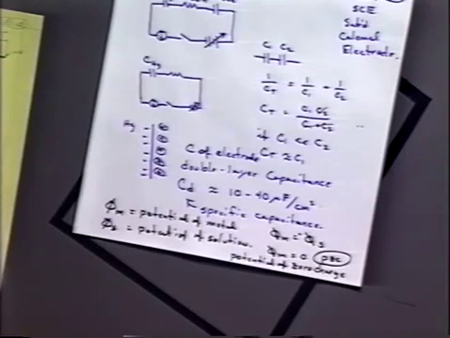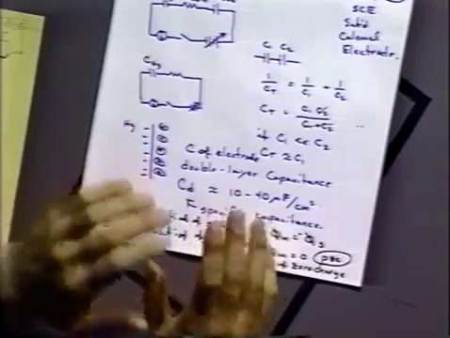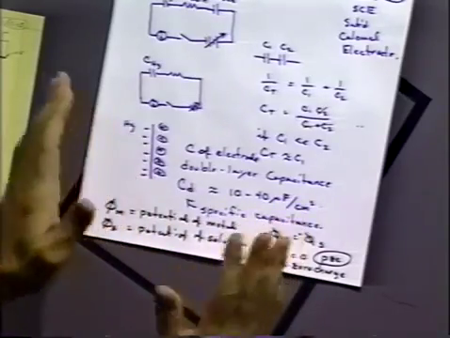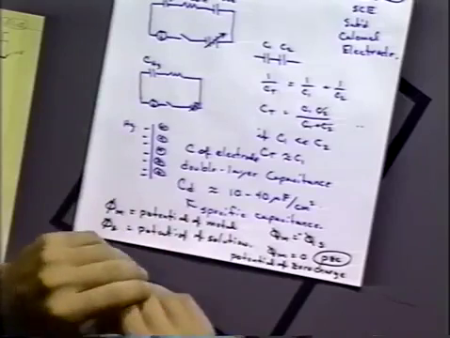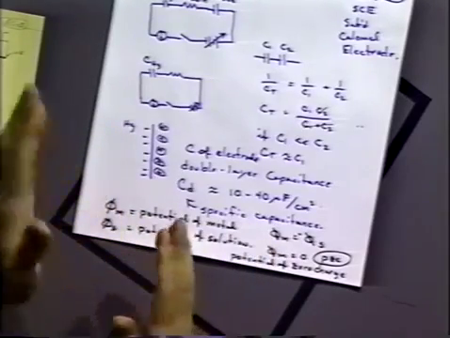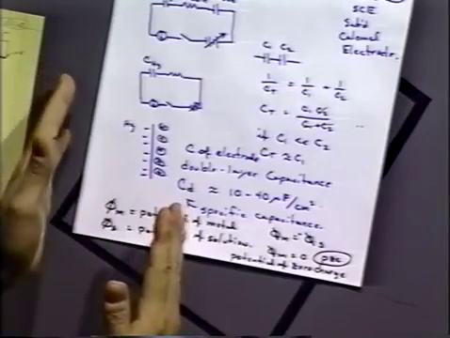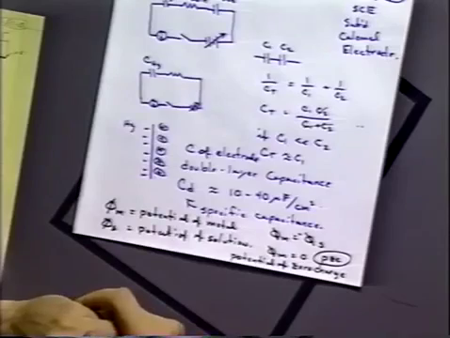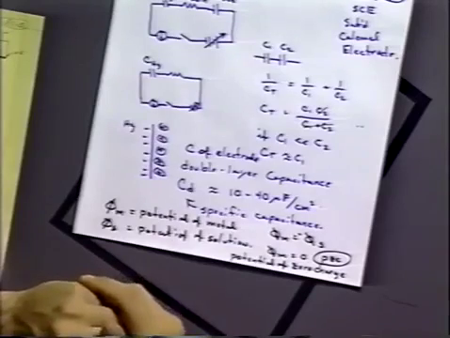Now PZC is not the same as having an applied potential of 0, because just because we have an applied potential of 0 does not mean that we don't have an excess amount of charge on the electrode surface. We can have an excess amount of electrode charge depending on the system properties, or the solution properties, and so on.